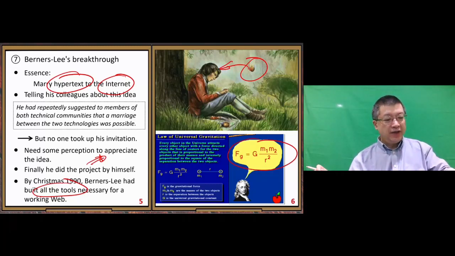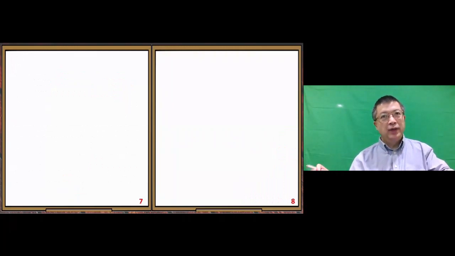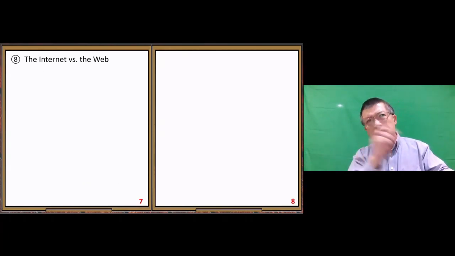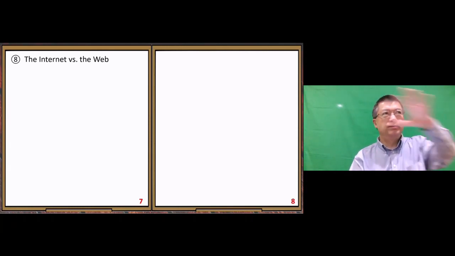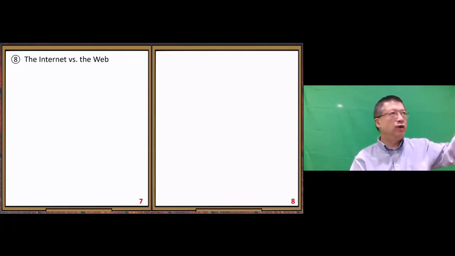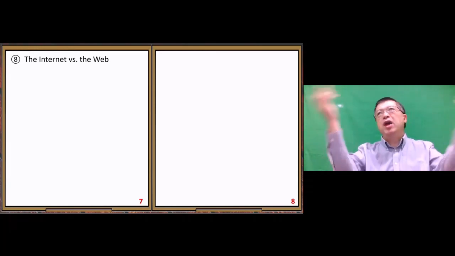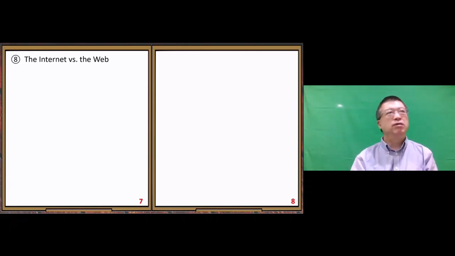Now, next slide, I want to compare the difference between the internet and the web. What's the main difference between the internet and the web? Because some people may get confused. If you talk to ordinary people in the world, many of them may treat the internet and the web as the same thing. No difference.